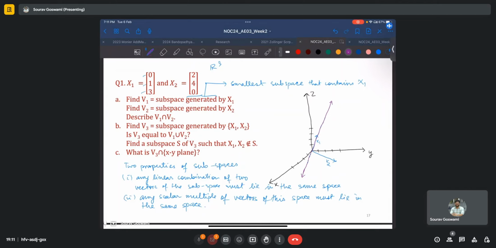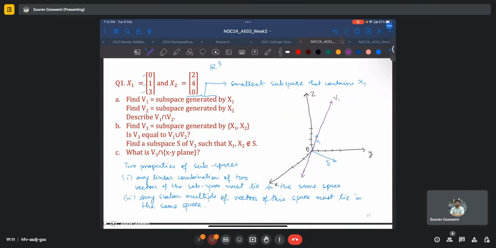So it must pass through the origin. x1 plus minus x1 would in turn be 0, x1 plus 2x1 would be 3x1 and so on. All of it would lie on this very line. So the subspace generated, or the smallest subspace that contains x1, is a line containing x1 and passing through the origin. So this may be thought to be as v1.